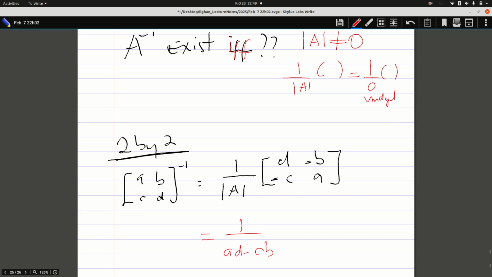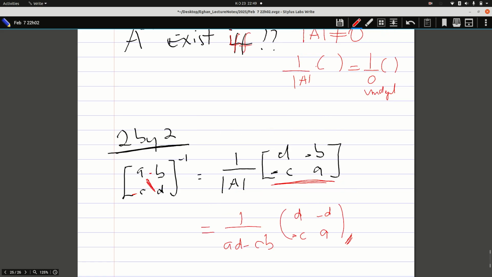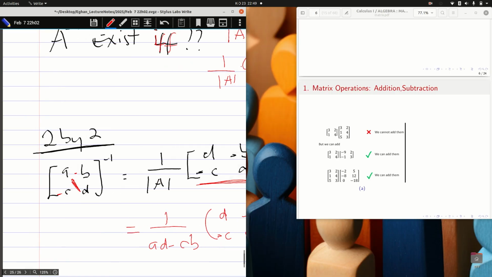So what we do is we interchange the positions of these: D comes here, A comes here, and then we just negate these, negative C, negative B, and that is it for the inverse of a matrix. I know you can use calculators to simply do this, but you want to know by hand and the properties to use. I think on this note I'm done with my operations, but let's see the answers for the other operations I didn't show.